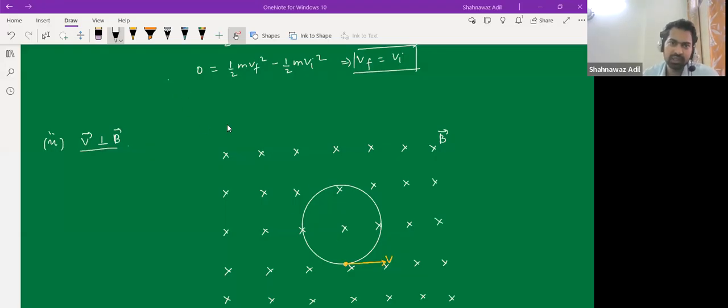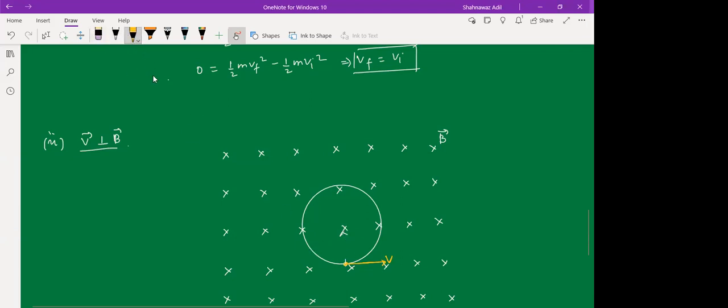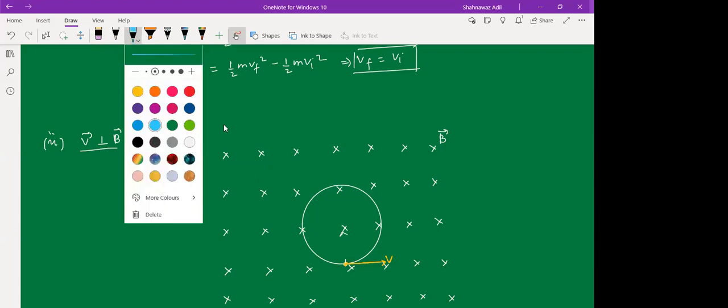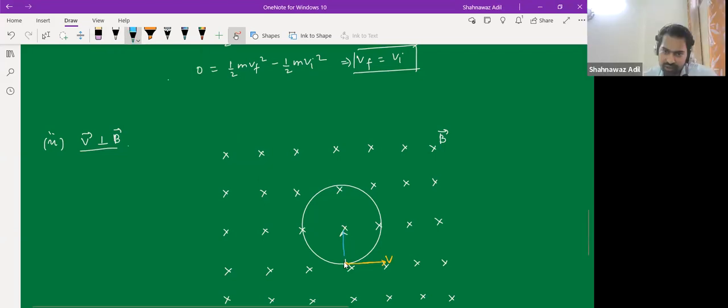At this point, the magnetic force direction is this one. Is this clear to you guys? Yes, sir.